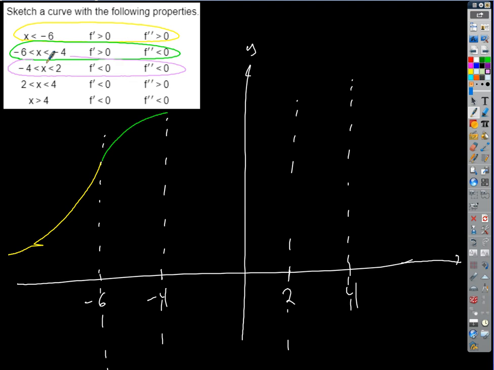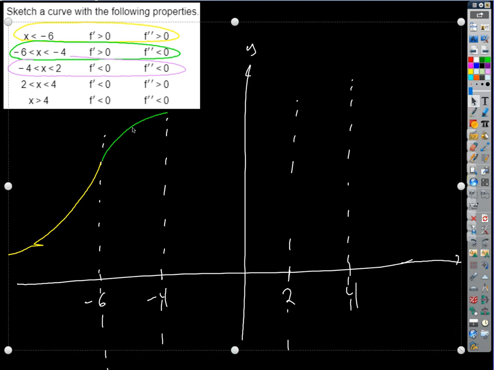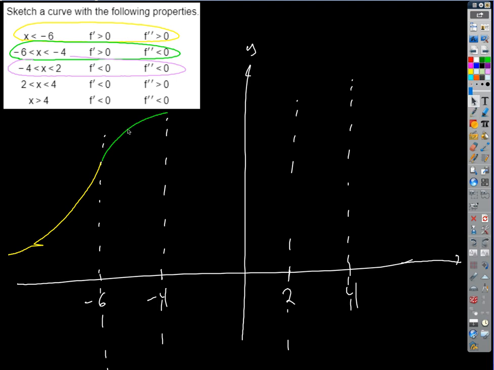Okay. Between -4 and 2, we've got negative first derivative and negative second derivative. Let me fix that so it just looks a little better.